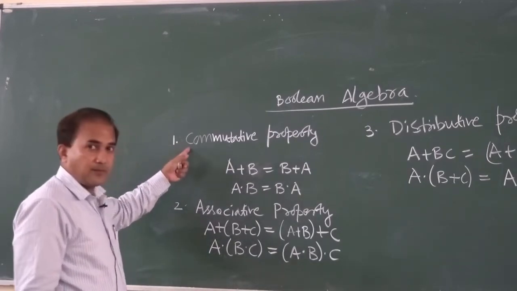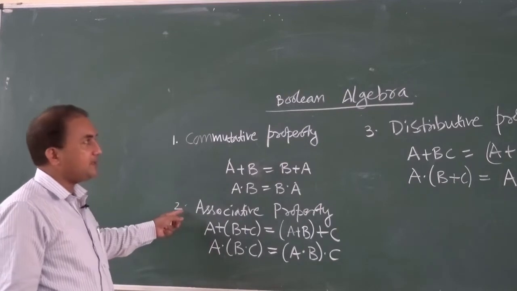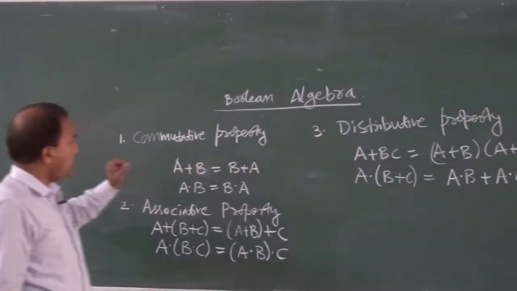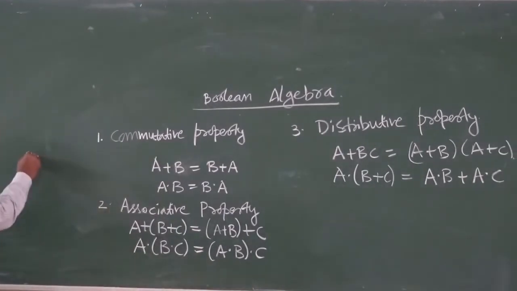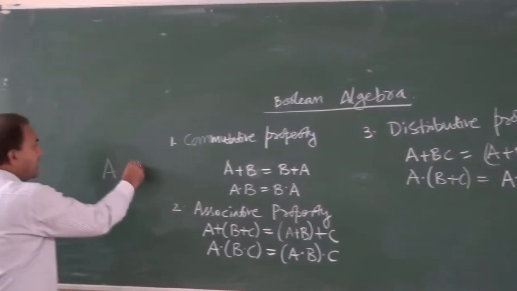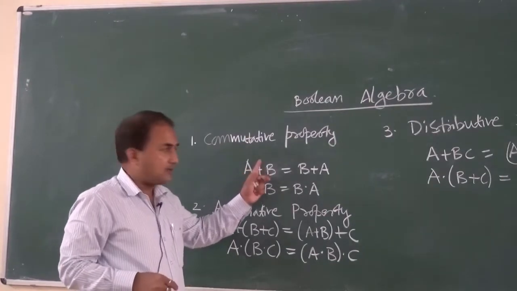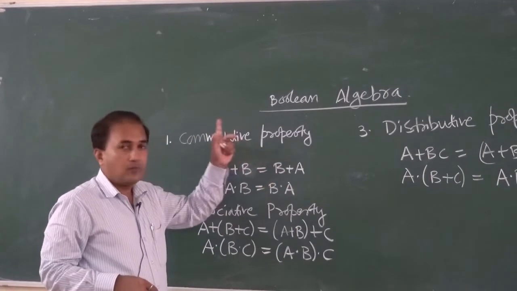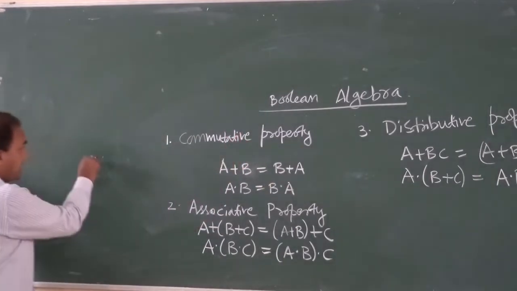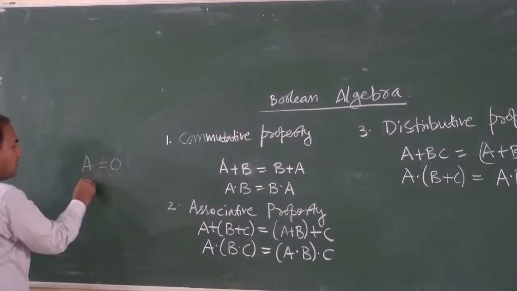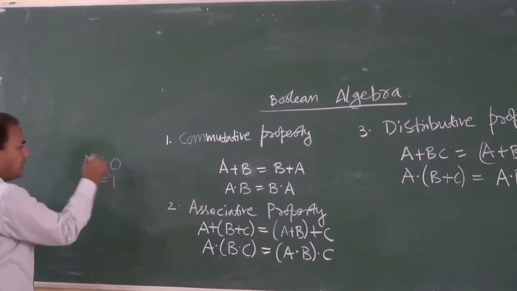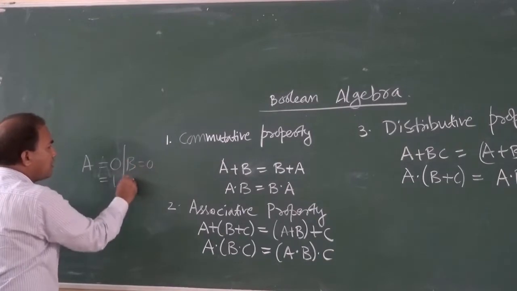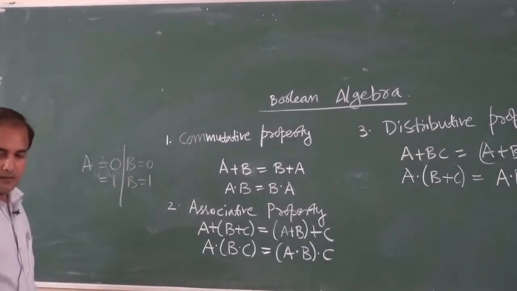First one is the commutative property, second one is the associative property, and third one is the distributive property. You can see A and B, these are the variables. A plus B should be equal to B plus A in Boolean algebra, where A may be 0 or 1. Similarly, B may be 0 or 1.